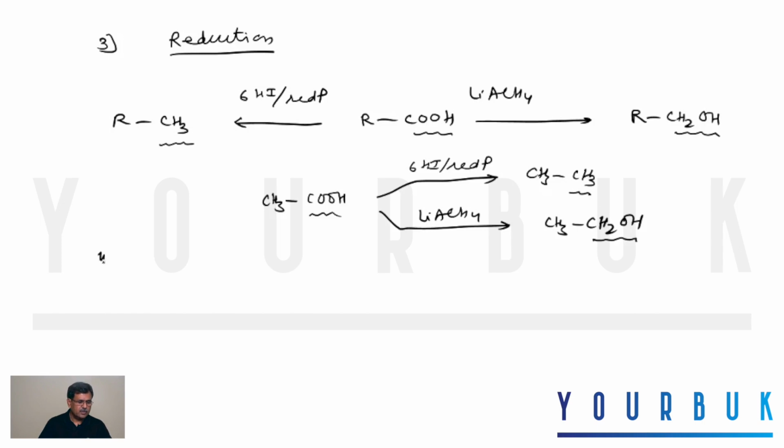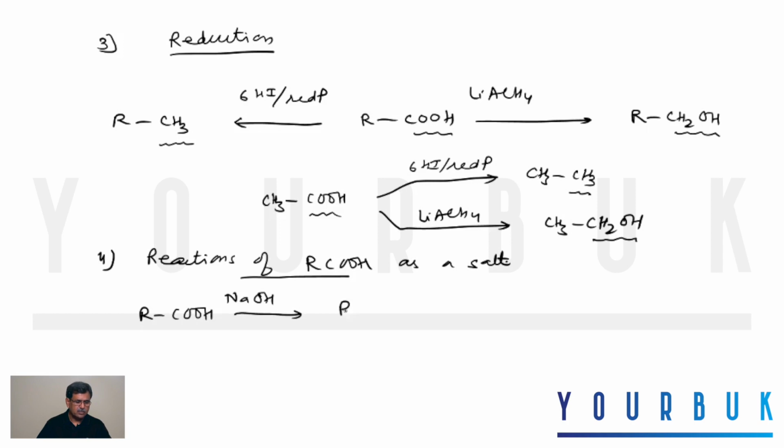Now the fourth category is the reactions of carboxylic acid as a salt. Reactions of carboxylic acid group as a salt. For example, this is carboxylic acid on reaction with sodium hydroxide.